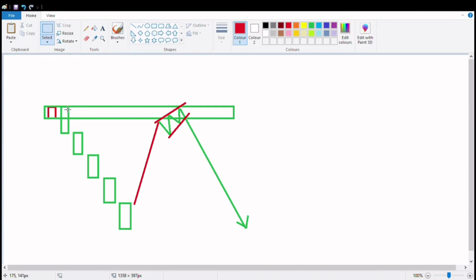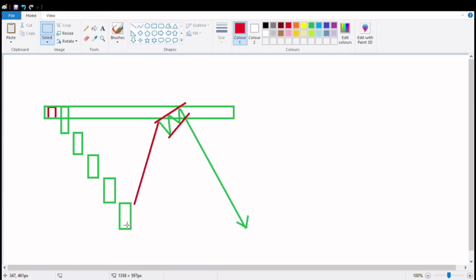This bearish engulfing candlestick is followed by 4 more bearish candlesticks, or it can be even more than that, but 4 more is far more than enough, resulting in 5 bearish candlesticks in total consecutively.